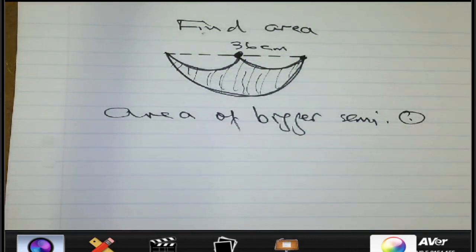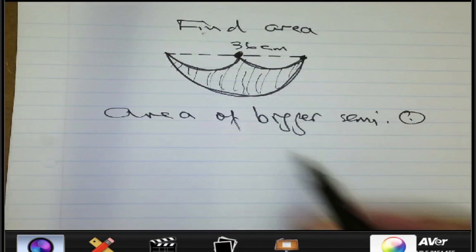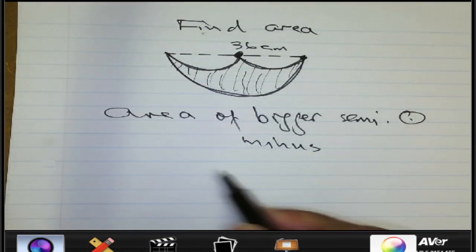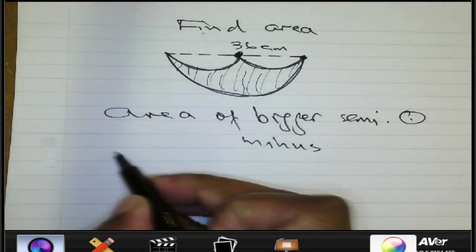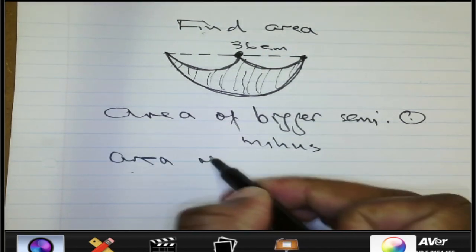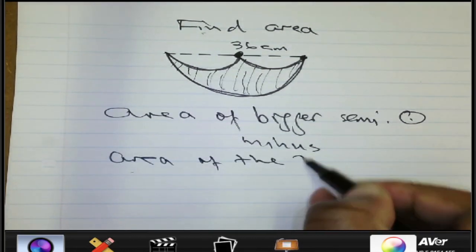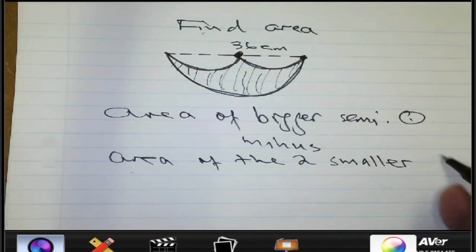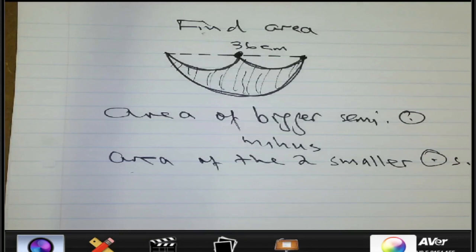Okay, so it has to be area of the bigger semicircle, subtract the area of the two smaller semicircles, right? Okay, so that is the strategy.